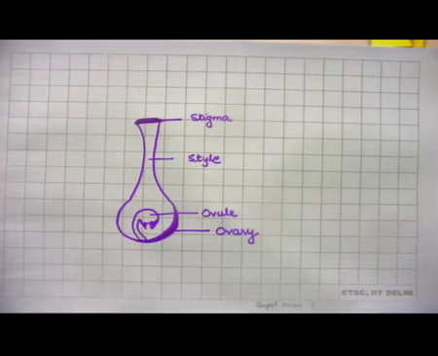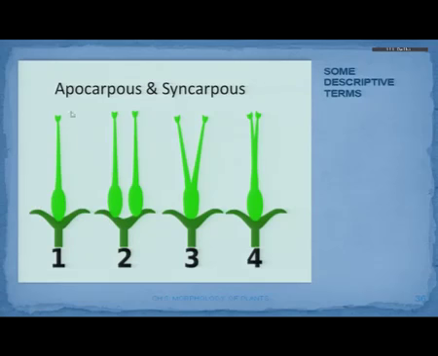When only one carpel is present, the flower is said to be monocarpellary. This is a monocarpellary condition, but many a times more than one carpels are also present in a flower. Then there is polycarpellary condition. For example, here two carpels are present but they are not united. Such a condition is apocarpous condition, where many carpels are present but they are free, they are not united.